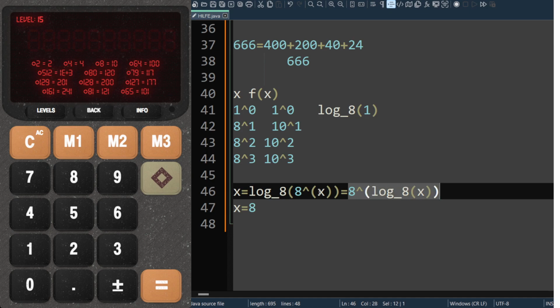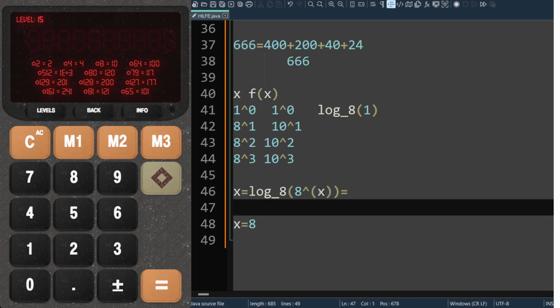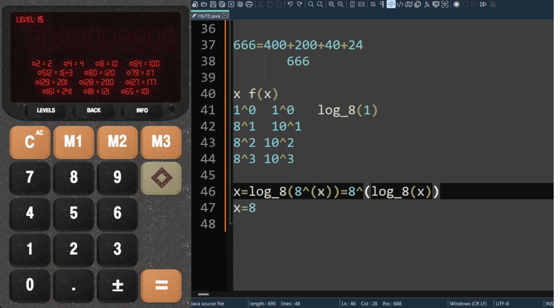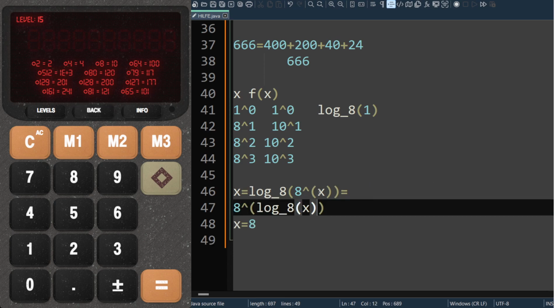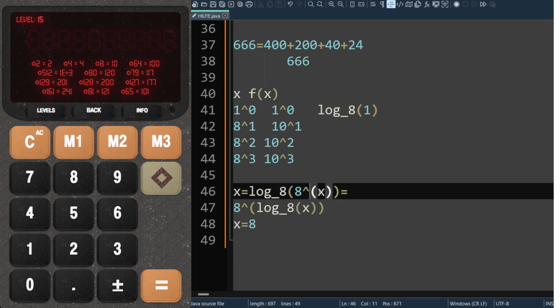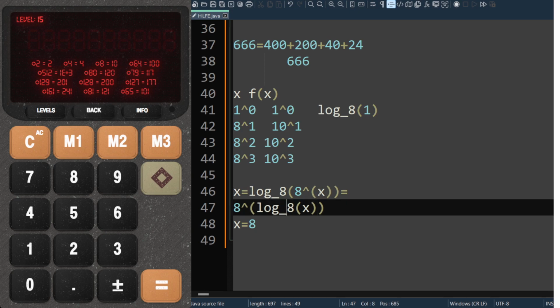This version of writing a number is the important one. 8 to the log of 8 to x of x. At least that's what I think it is. And they are taking this specific... I really can't describe what I want to say. Okay. If we type in 8 here, then we get 8 to 0. No, that's not correct.